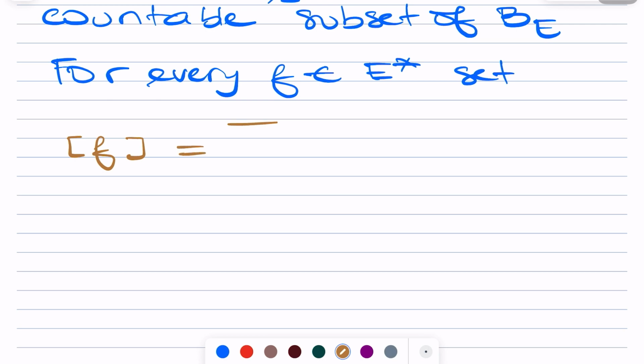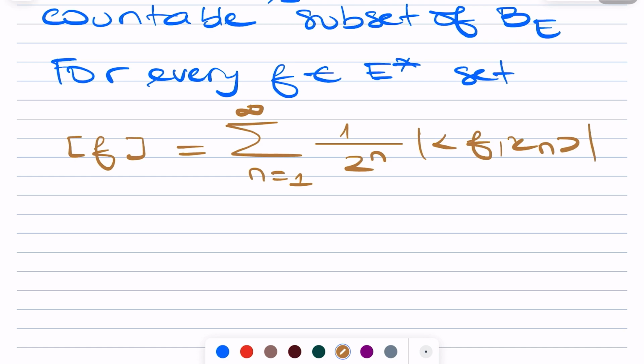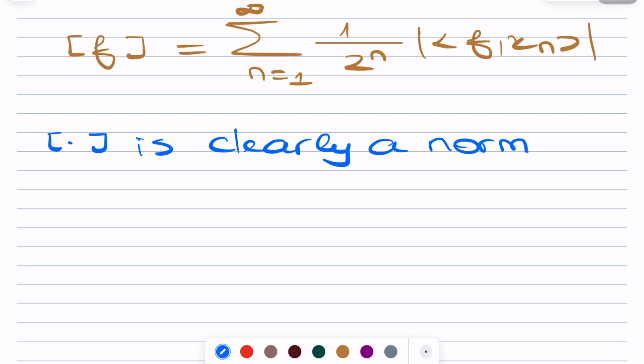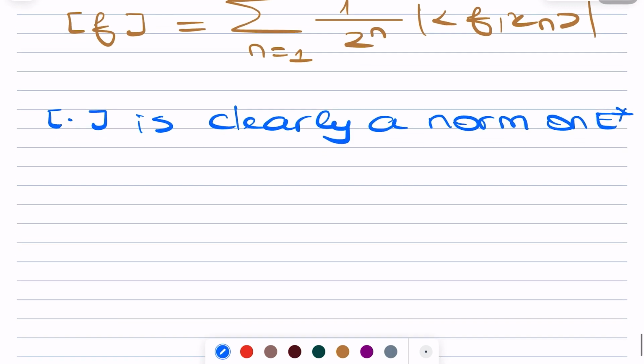The norm of f is defined to be the summation over n from 1 to infinity of 1 over 2 to the power n of the absolute value of the pairing of f with x_n. You can easily check that this is a norm on the dual space E star, and that this norm is less than or equal to the operator norm.